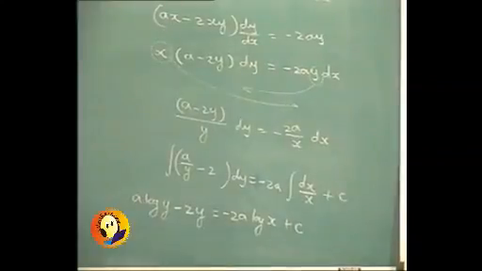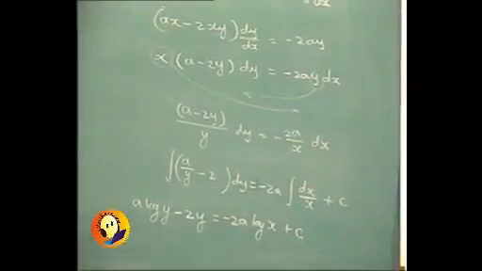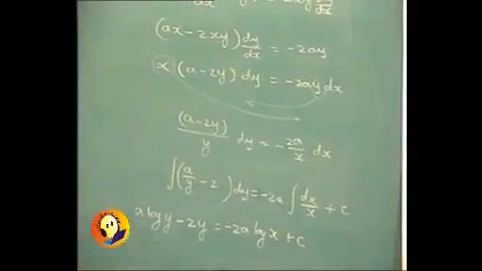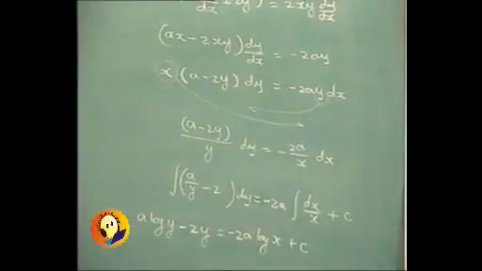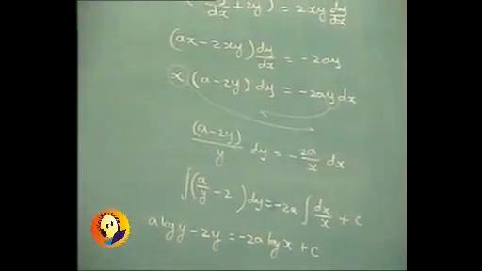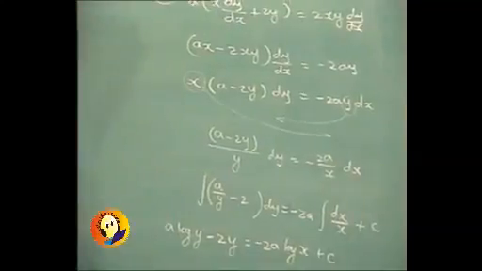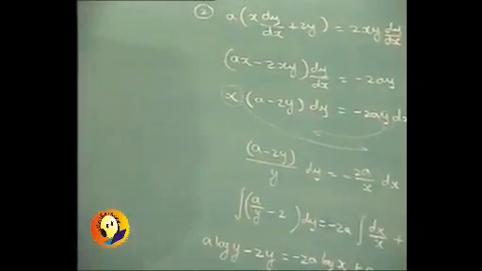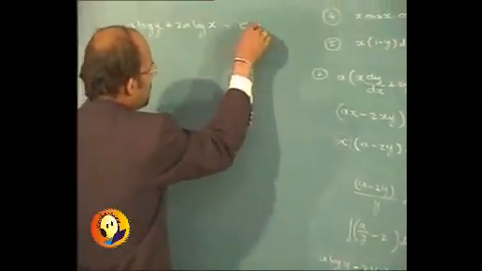For simplification, we can take the terms on one side, all log terms. So it will be a log y plus 2a log x is equal to c plus 2y.